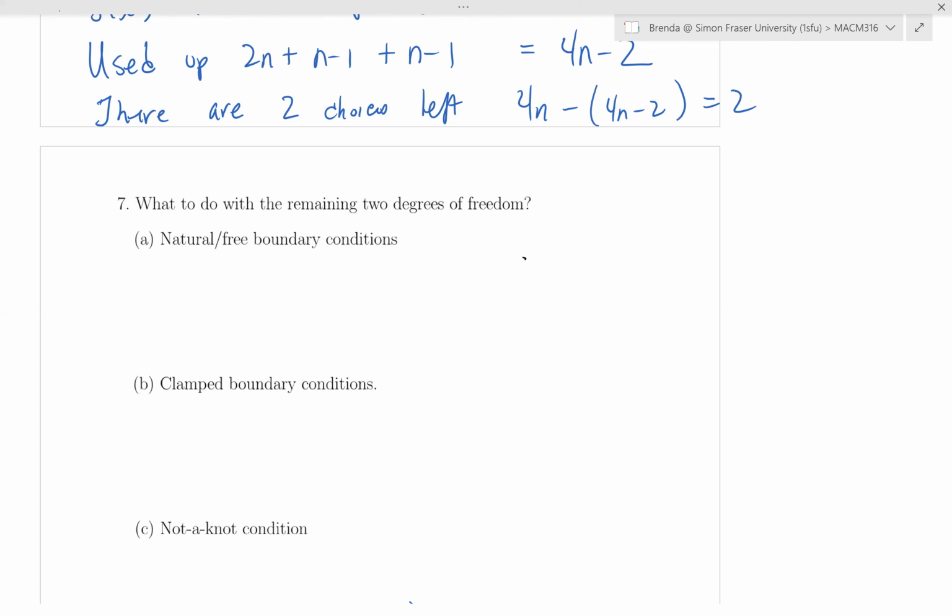For the first, we say that the second derivative at x_0 and at x_n are both going to be zero. No conditions on the direction at the end point. That means the curve just takes a straight line after the first and last interpolation. That's what we call a natural spline.